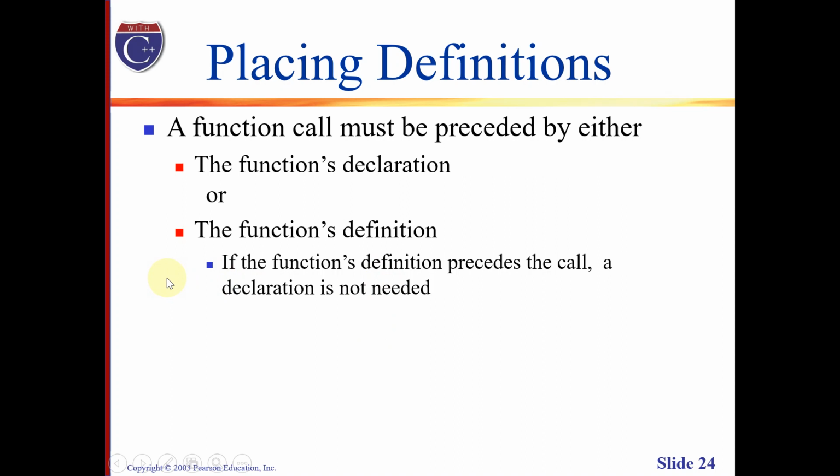That is in the case wherein you placed your function definition at the top of your program. Therefore, it precedes the part where the function was actually called. If that's the case, then we don't have to write a function declaration.